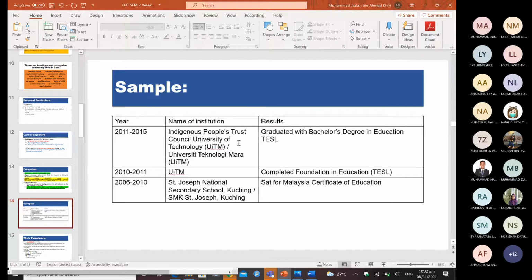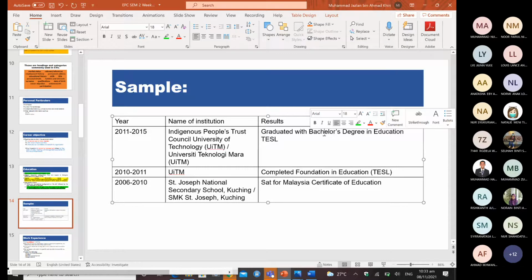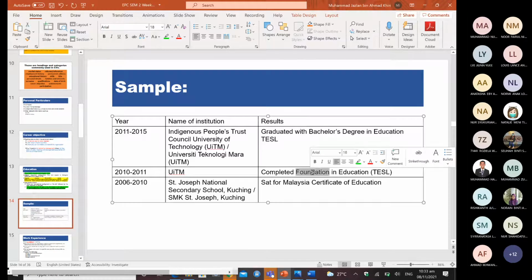You start first with UITM if you have a degree, and then if you have a foundation from UITM, include that, and then your secondary school. As you can see here, the first is a degree up until 2015, and then foundation up until 2011, and lastly SPM up until 2010.